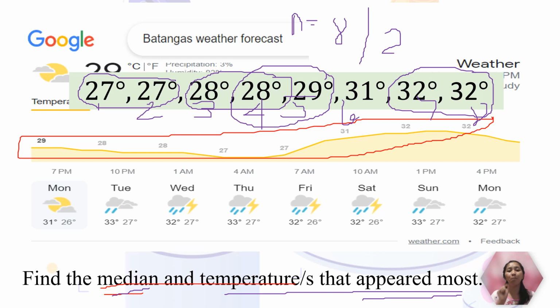Again, kung pare-parehas ang bilang ng isang data, ibig sabihin wala tayong appeared most. Kasi nga appeared most, ibig sabihin mas higit siya sa kasama niya. Maliwanag ba mga anak? Okay, so let's have the next one.